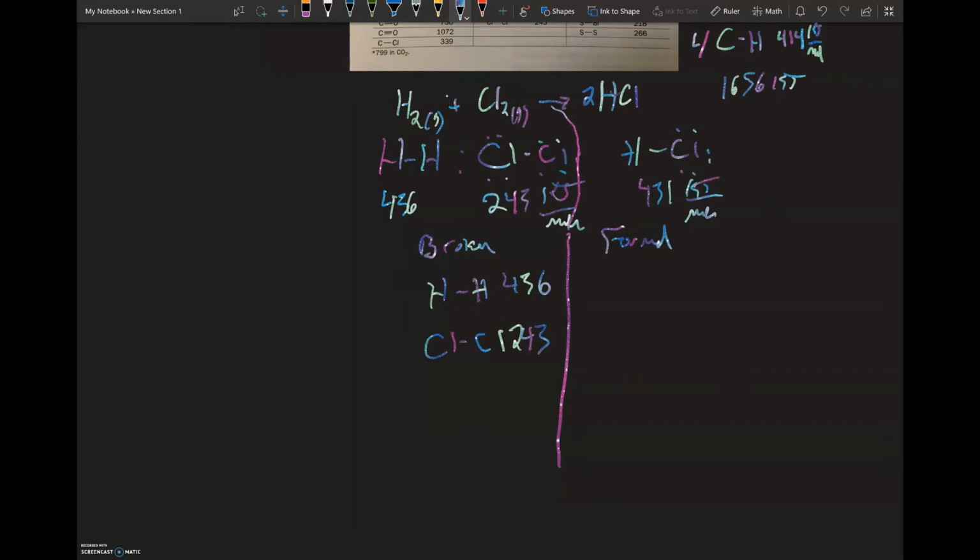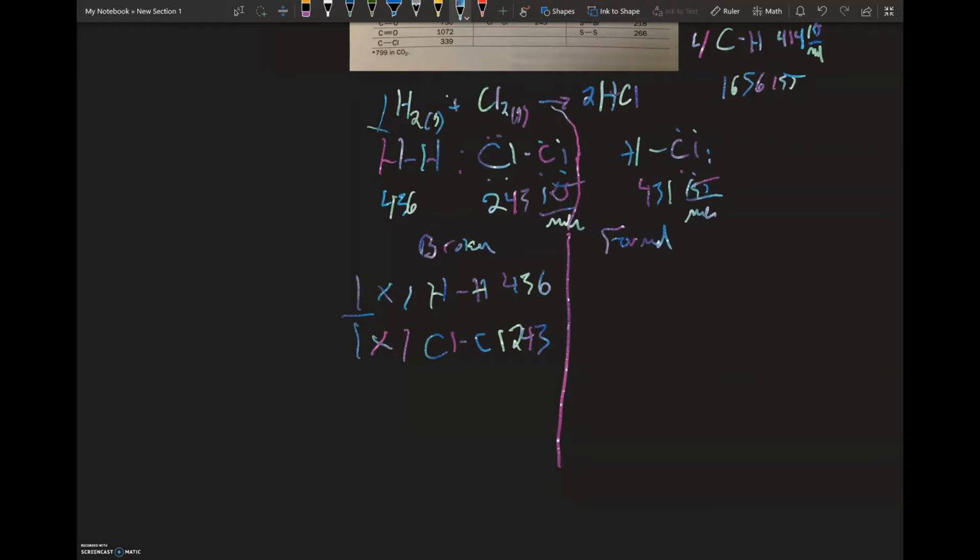The next thing I want to do is look at how many bonds there are for each and what the balanced equation is. So for the hydrogen gas, there's one H-H bond, and then there's only one for the coefficient. So that's where this number here comes from. It comes from the coefficient. Looking at the chlorine molecule, you have one Cl-Cl bond and there's only one for the balanced coefficient here.